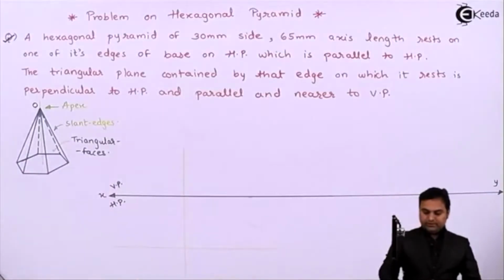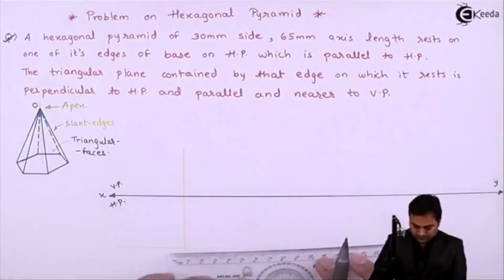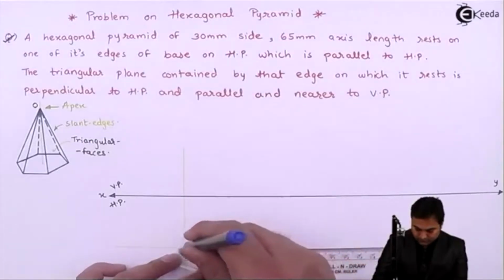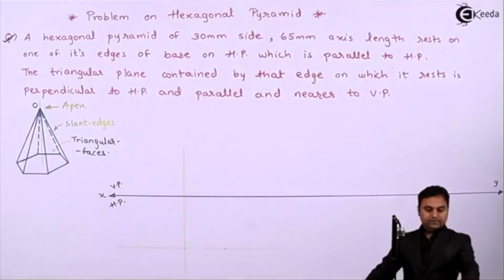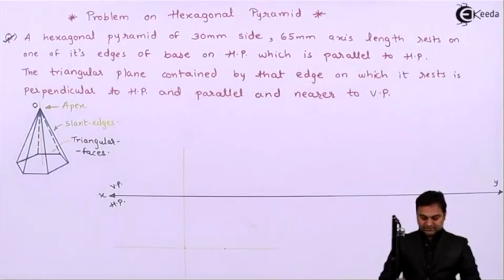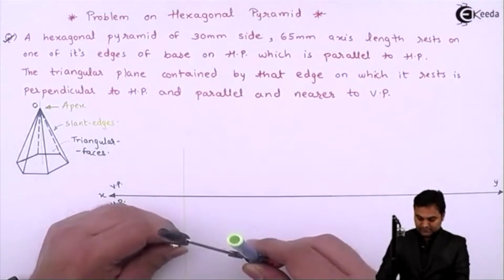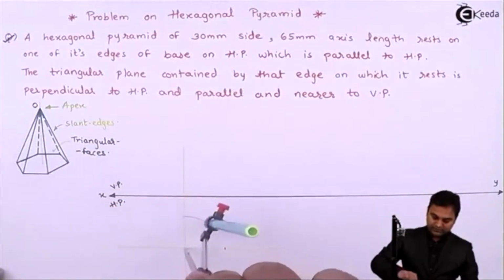Now it is 30 mm side hexagonal pyramid. So here I'll mark a radius of 30 mm. Then in the compass, taking that distance which is equal to 30 mm radius, drawing a light circle.